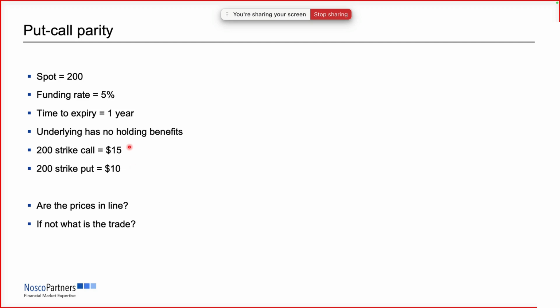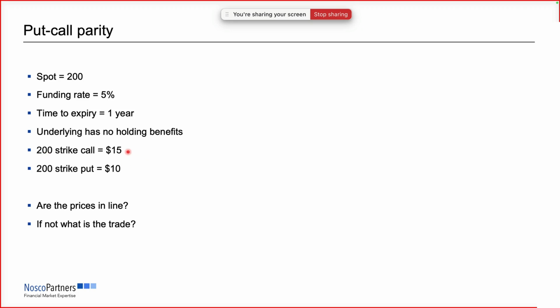Now, I can also see how much in the money the call is, right? If the forward is 210 and the strike is 200. So these two options are at the money spot, but the call is in the money relative to the forward.